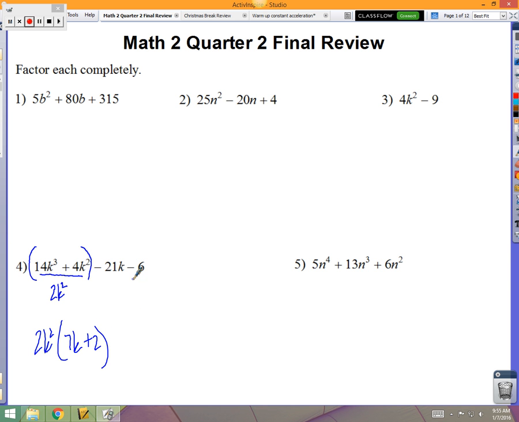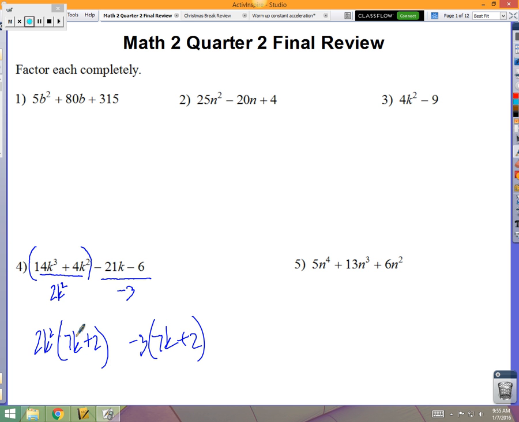And then your other 2, if you group these two, you divide both of these by, since they're both negative, I'm going to take the negative out. Divide them both by a negative 3. So it's a negative 3 times 7k and a negative 3 times 2.